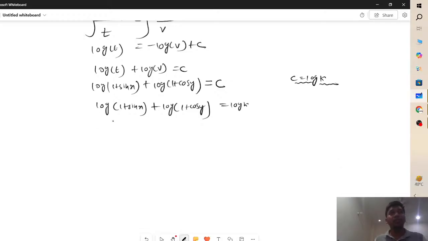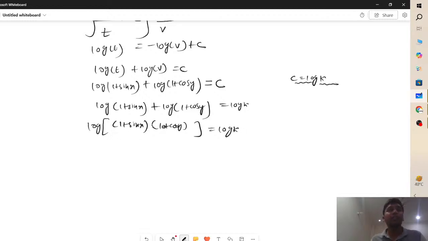So what we get: log(1 + sin x) plus log(1 + cos y) equals log k.